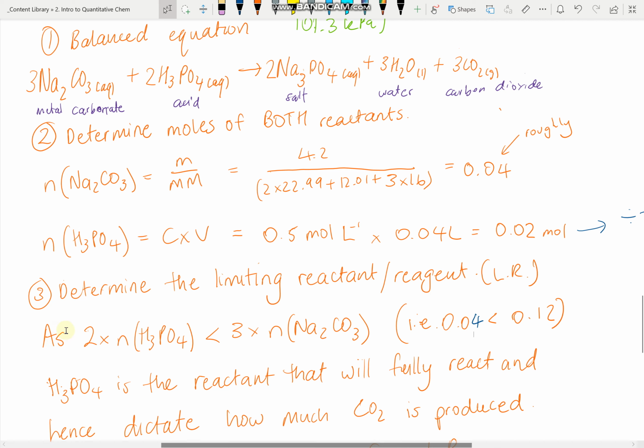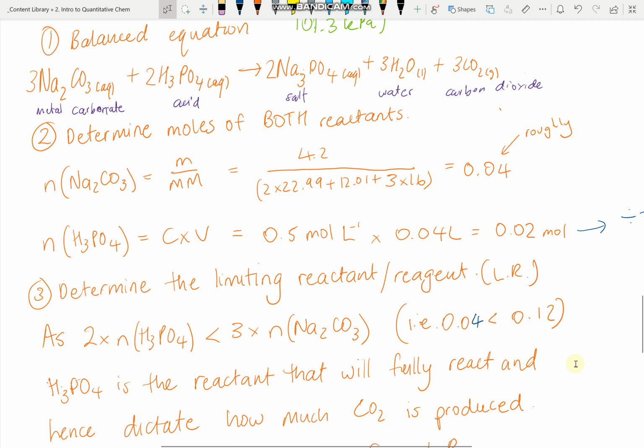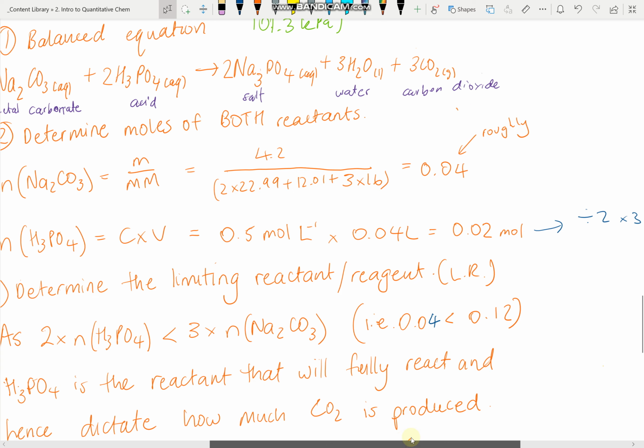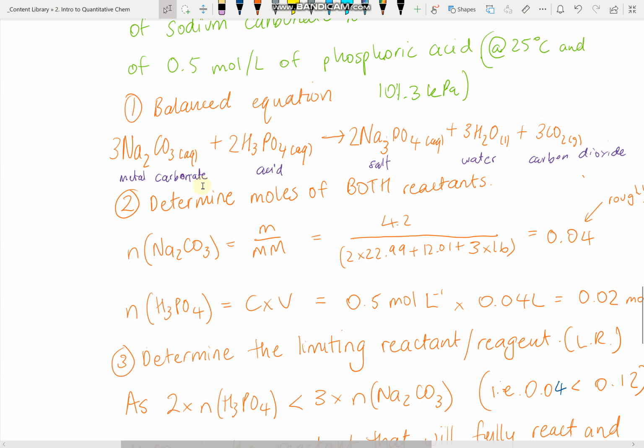This is a lot of like the most common way I see as a teacher. The most common way the way I do it is I go, right, think about 1, and I'm going to divide it by 2 and times by 3. So for phosphoric acid, I have 0.02 moles, 2% of a mole. If I divide that by 2 and times it by 3, that gets me 0.03 mole.